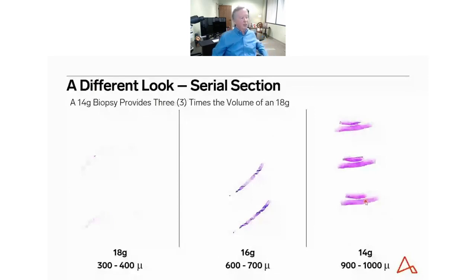But when you're doing serial sections, this is a volume equation. You're getting 3 times the volume of an 18 gauge needle with a 14 gauge. So as we do serial sections and cut through the tissue, I'm already running out of tissue. 16 is holding up. 14 says, bring it on. Plenty of tissue left.